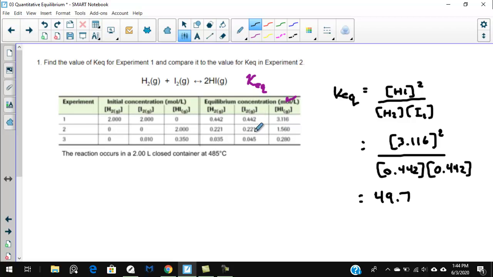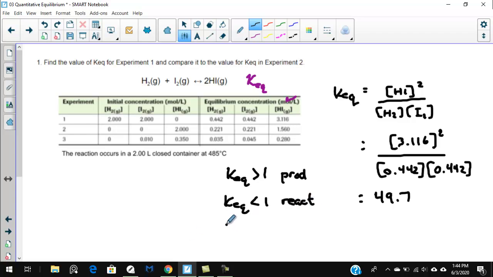And if you look at every one of the experiments, when KEQ is greater than 1, we see much more products being made as a result of the reaction. Right? When KEQ is less than 1, then we say that the reaction favors the reactants. We don't make very much product.